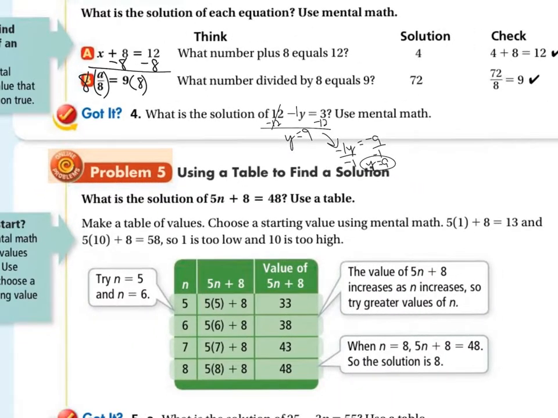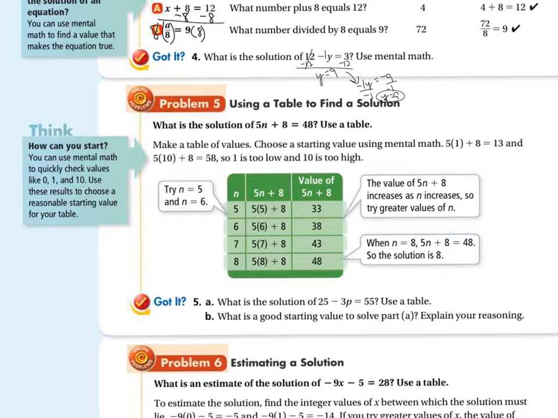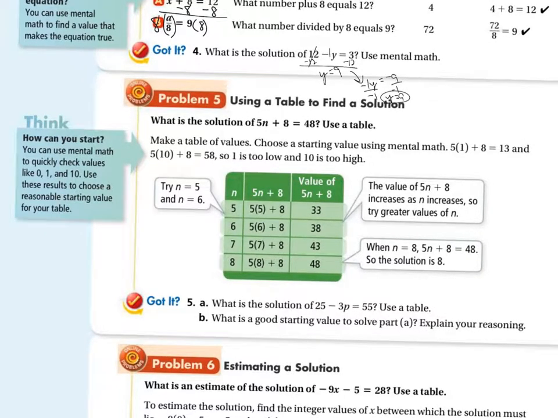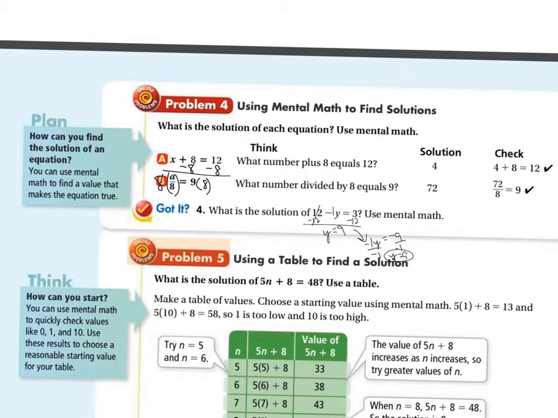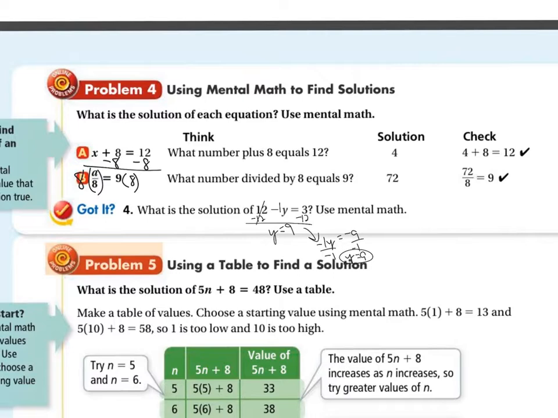So we'll look at problem 5. It asks what is the solution of this equation. They want us to use a table. Oh, one more thing before we move on. The book did talk about using mental math on problem 4.